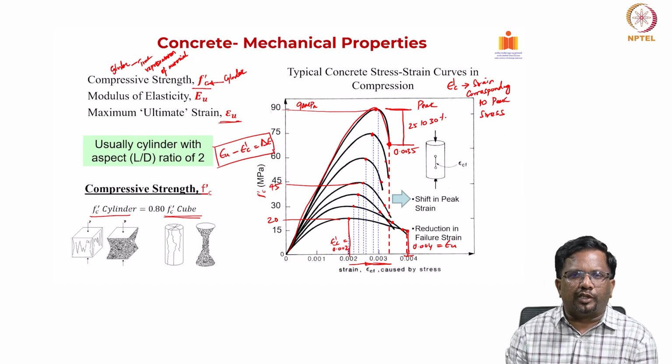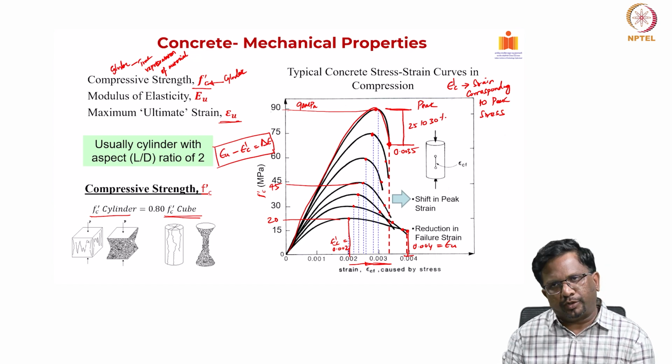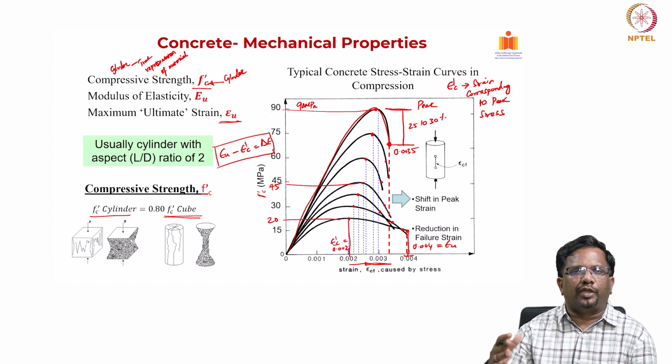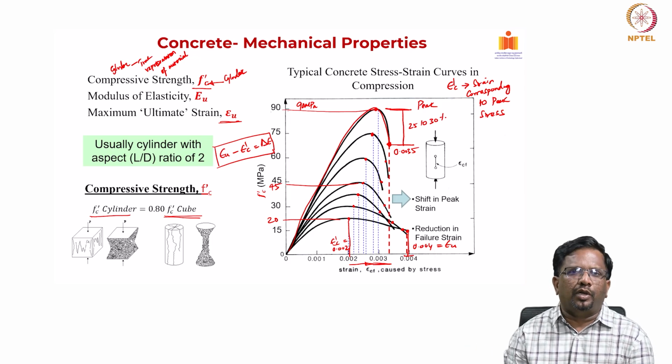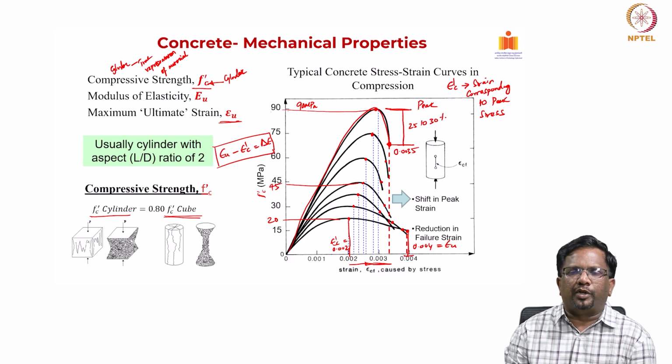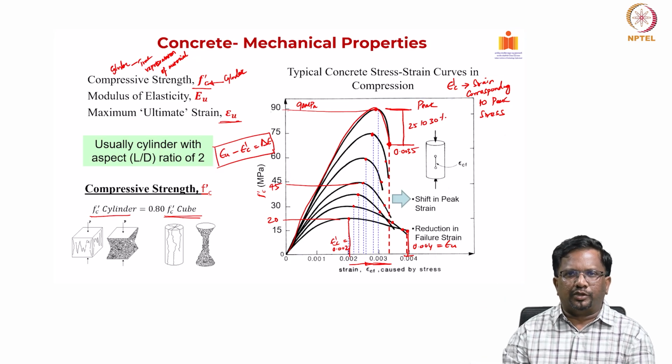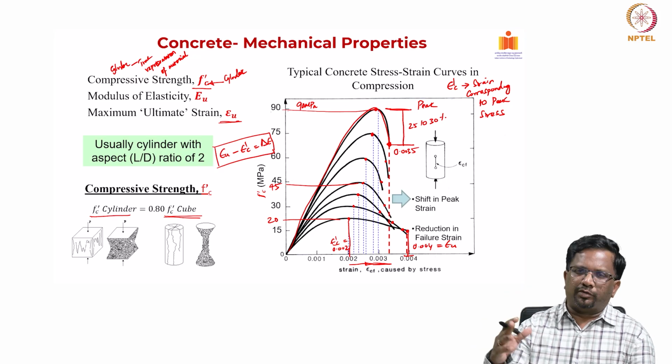The important aspect is that these are all short term properties. When I load the cylinder, typically we take about 3 to 5 minutes to complete the testing once everything is set up and ready, the loading time. So, this is a very small duration of loading within which we derive the mechanical properties.